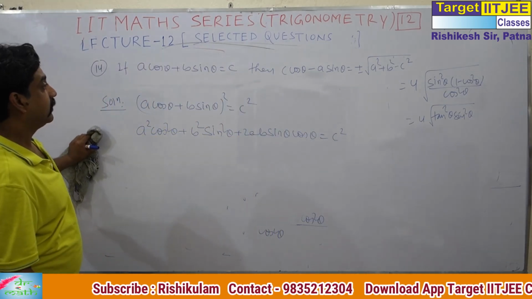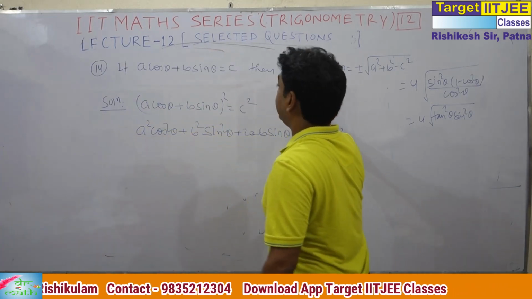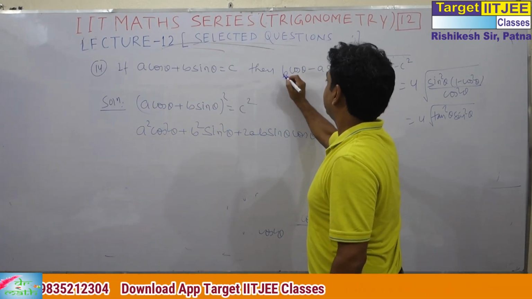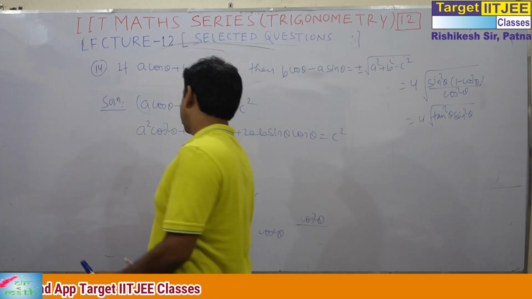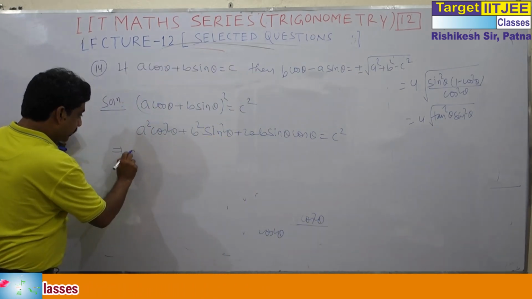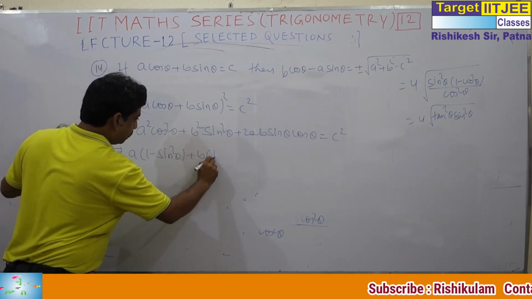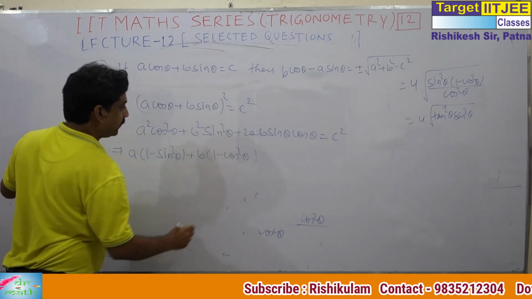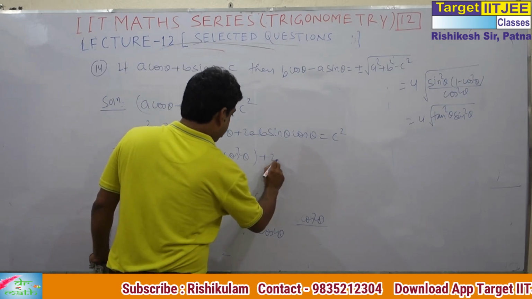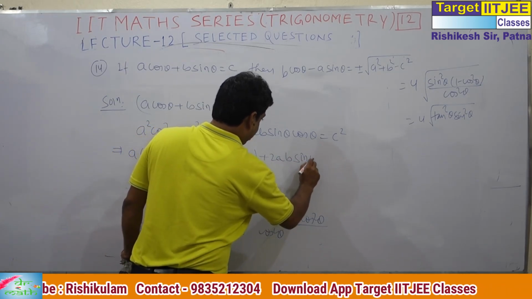No, I have written it wrong. This is b cos theta minus c sin theta. So this is the way: a square times 1 minus sin square theta, b square times 1 minus cos square theta, plus 2ab sin theta cos theta.